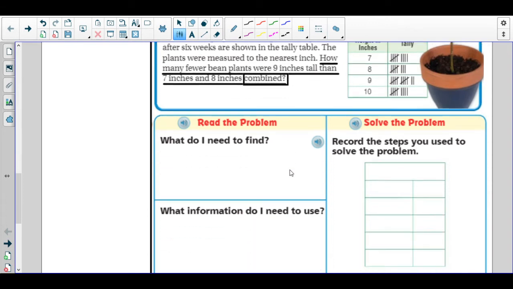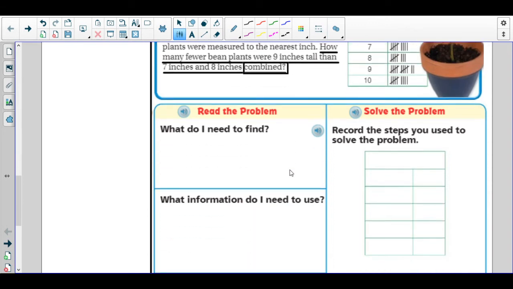So what do I need to find? Well, it's pretty much the question.